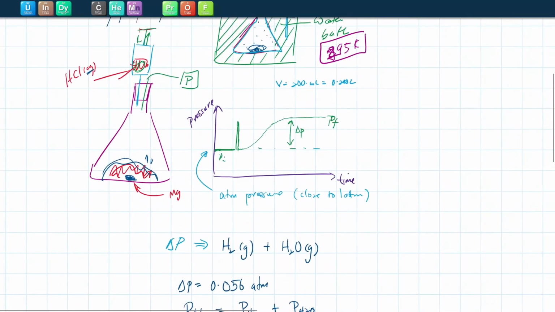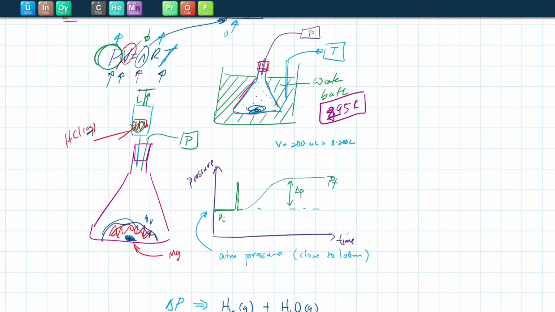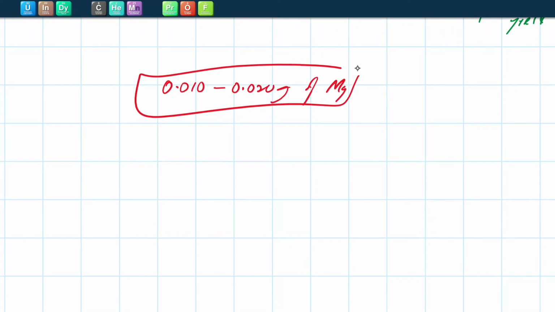Now, I said we choose some amount of metal, but in your lab, you're going to be choosing a specific amount of metal, somewhere between 0.010 and 0.020 grams of magnesium. So theoretically, that should give you a specific amount of moles of hydrogen gas produced.